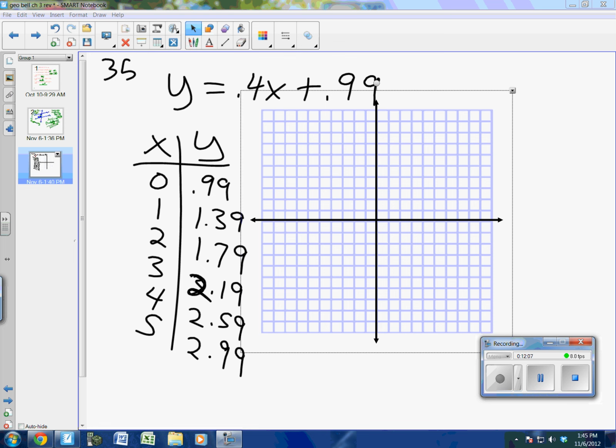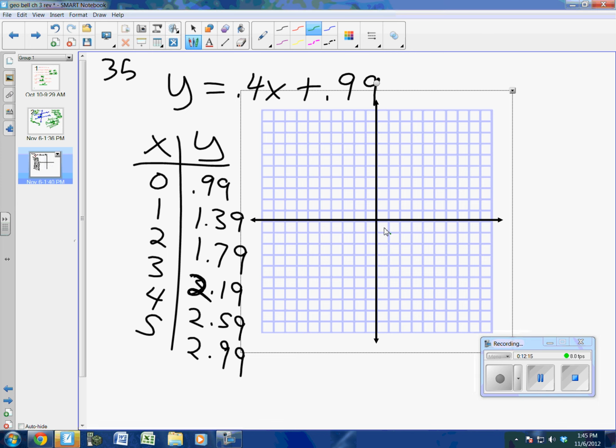So we're going to graph these on our graph here. We're going to say this is 1, 2, 3, 4, 5, 6, 7, going across there. So each one, and then 2, 4, 6, 8, 10. Okay, 0, 99.